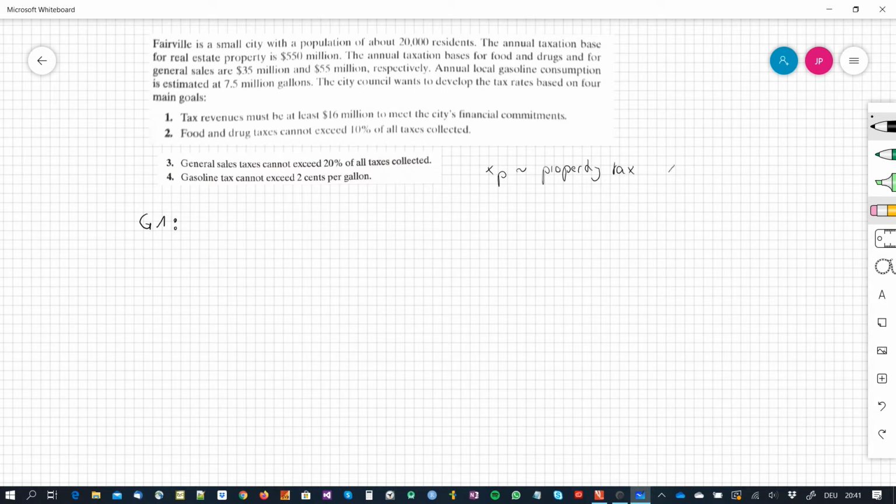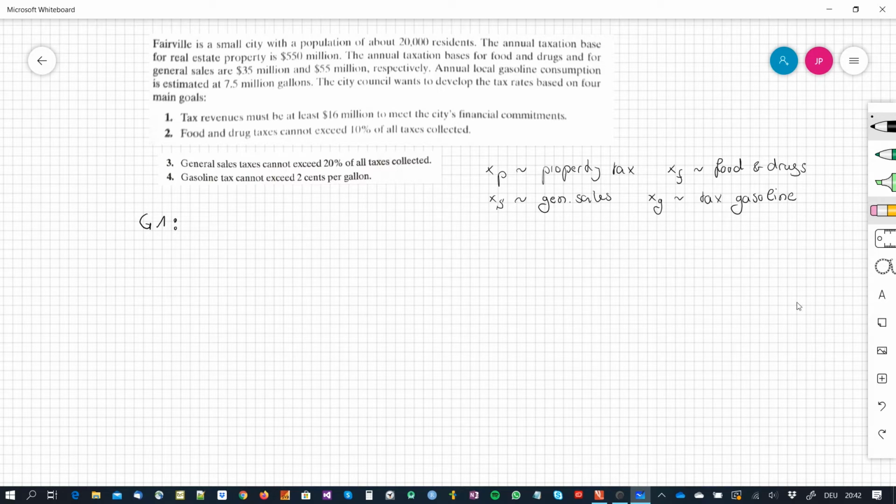Then we have XF for food and drugs. We have given XS for general sales and XG, which is tax for gasoline. So we work with these variables, and now we have given the overall tax revenue goal.